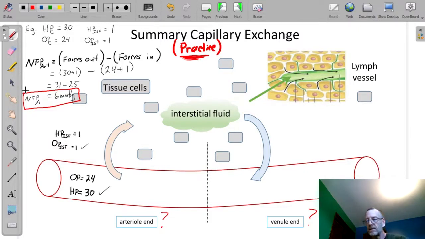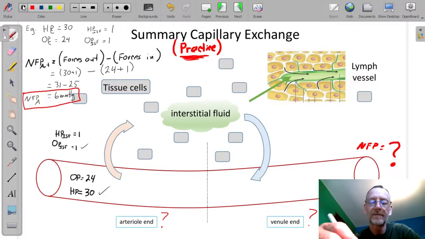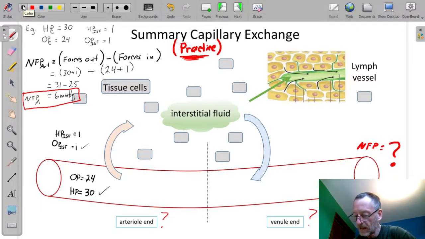So you should do the same thing at the venule end. So let me give you some numbers to practice. So now let's say the hydrostatic pressure in the capillary is going to be less. Keep it reasonable. It's dropped from 30, let's say, to 17.